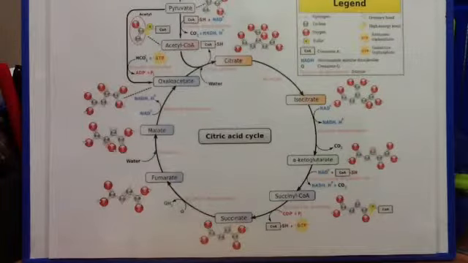And then there is GTP, and that's 1 ATP times 1, which comes to 1 ATP. So the total is 12 ATP. There are 3 cycles, so it comes to about 36 ATP, plus the 2 from glycolysis, which comes to 38 ATP.